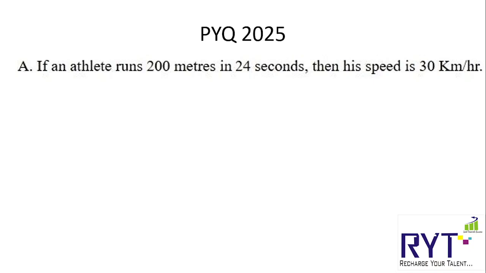So these are some of the examination questions which are asked in the latest exams. If an athlete runs, so basically they are true or false type of question. If an athlete runs 200 meters in 24 seconds, so this is distance, this is time. They are asking speed. We know speed is equal to distance by time.